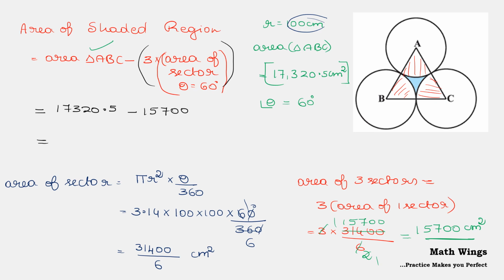Now, after subtraction, what answer will you get here? You will get 1620.5 and the unit is centimeter square. Therefore, the area of the shaded region is 1620.5 centimeter square. So, hope this is clear for all of you guys. We'll move on to the next question.